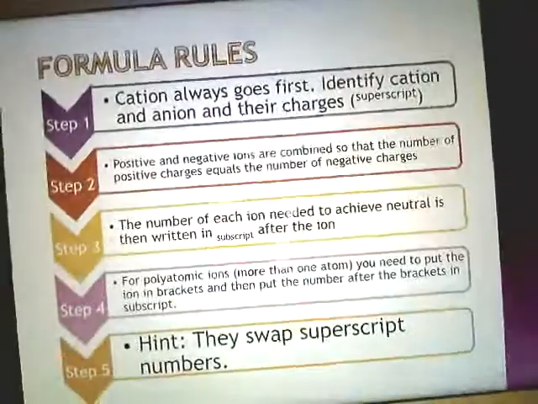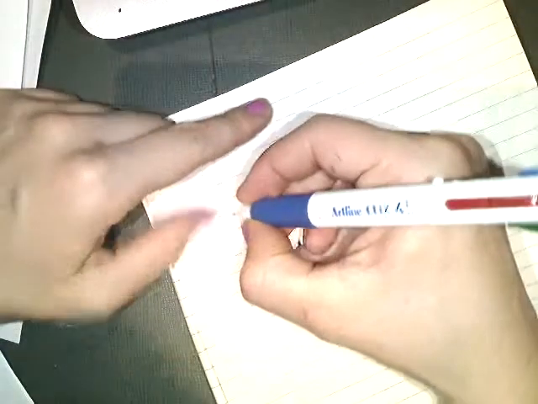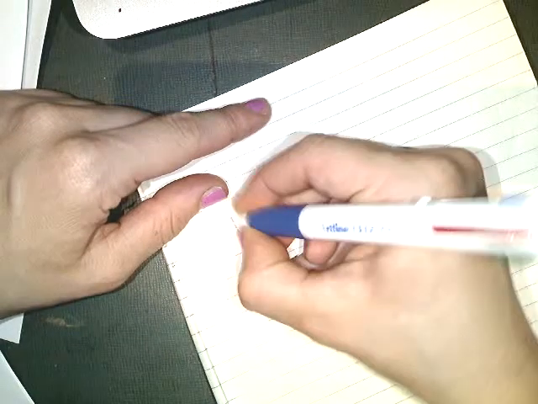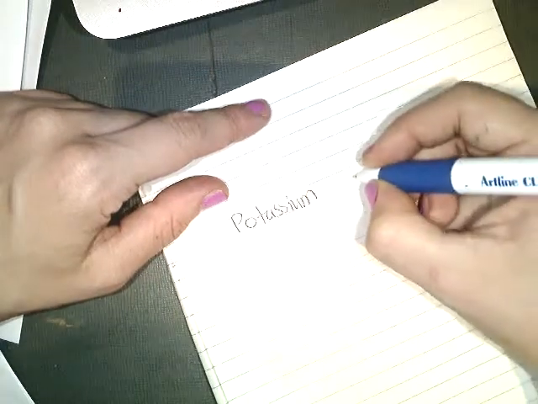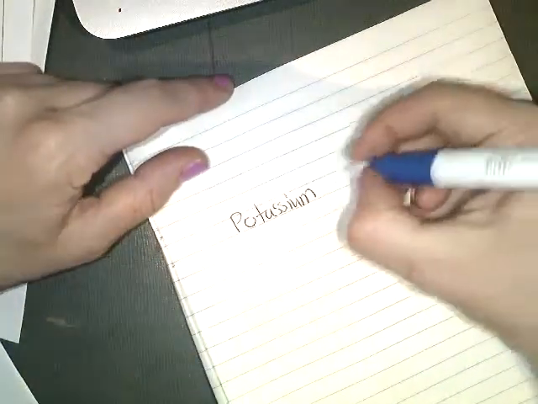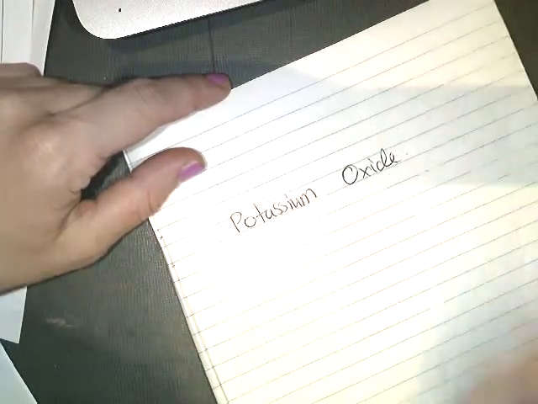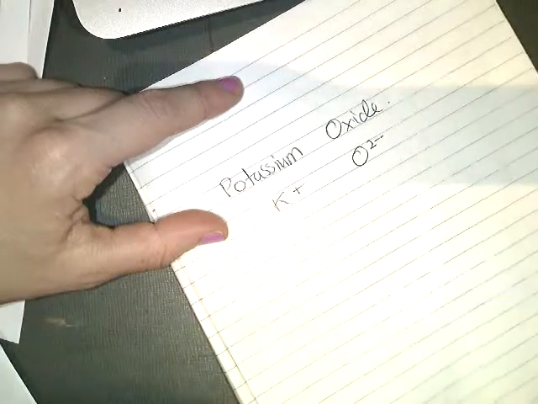Okay, now this final hint, they swap superscript numbers. I'll show you what that means. Let's say we're talking about potassium oxide. Okay, we have K+ and O2-.